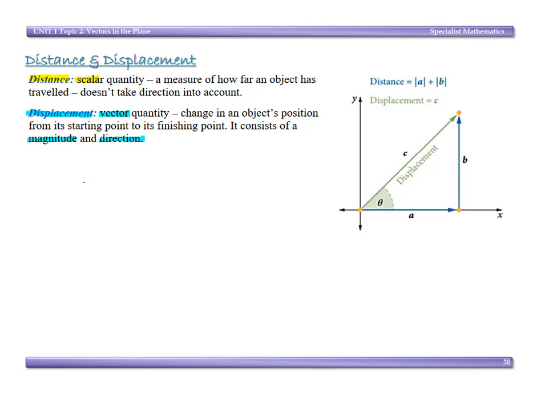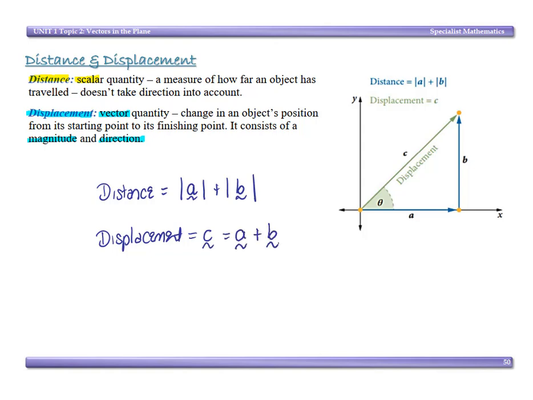So thinking about that, distance is going to be the magnitude of vector A plus the magnitude of vector B. In contrast, displacement, which we might call vector C, is going to be vector A plus vector B. So if we look at the diagram here, we have vector A and we have vector B. So our displacement is this vector C. And note that that vector C has magnitude C and direction theta.